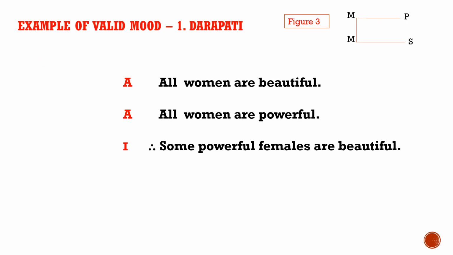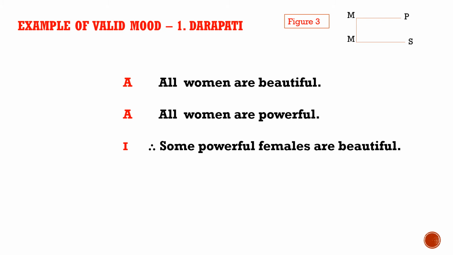Let us take an example of this mood. 1. Darapti, figure 3. It is AAI. All women are beautiful. All women are powerful. Therefore, some powerful females are beautiful.